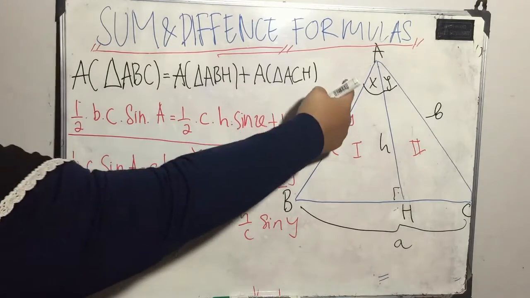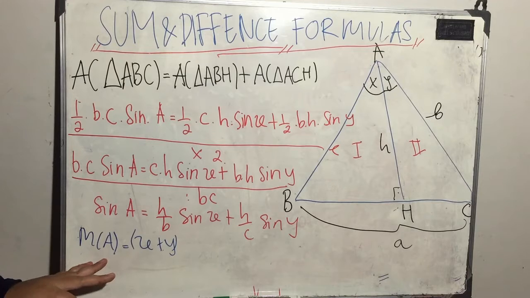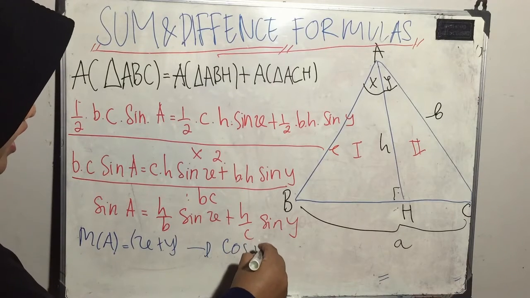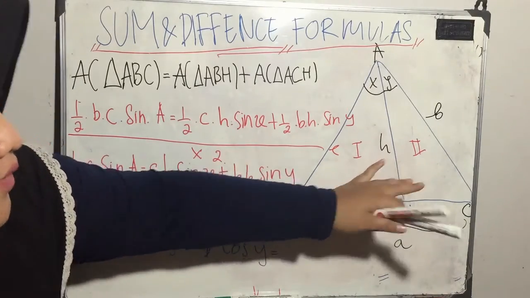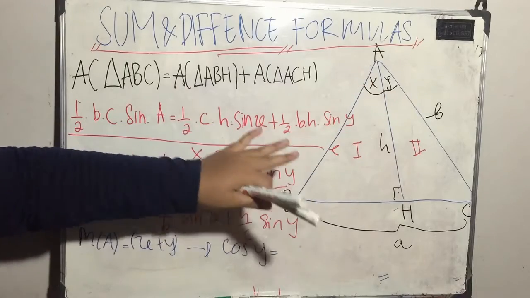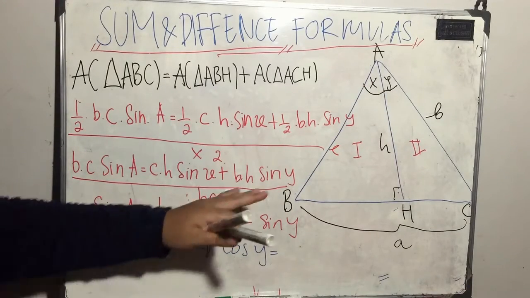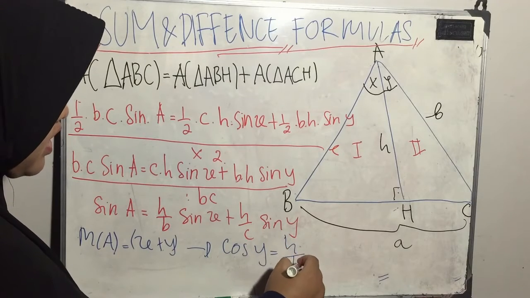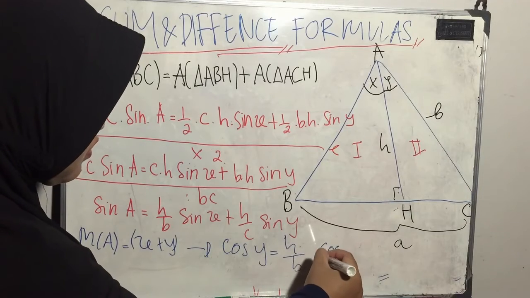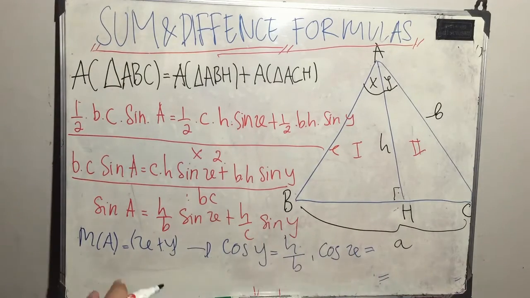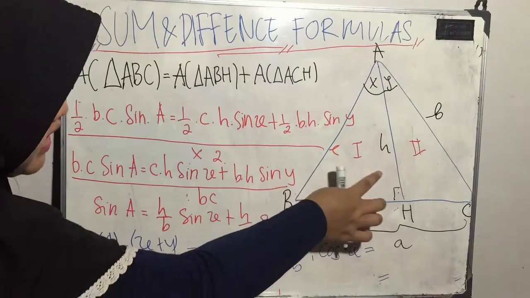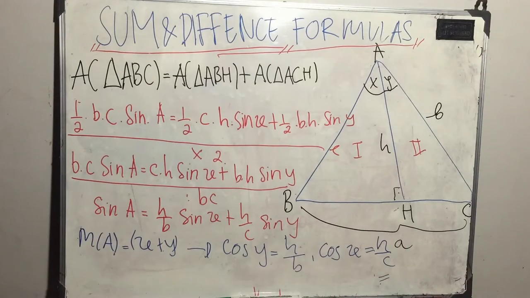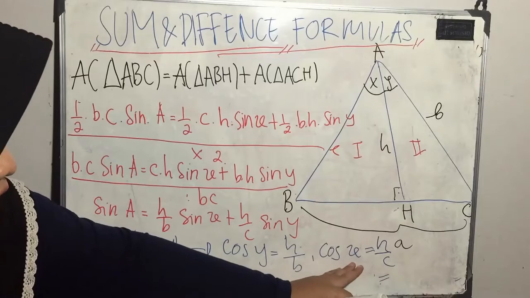The angle of A is X plus Y. So from here we can get cosine Y, looking at the second triangle. Cosine is adjacent over hypotenuse, so this one equals H over B. And cosine X is equal to adjacent over hypotenuse, so it's equal to H over C. So we have cosine Y equals H over B, and cosine X equals H over C.